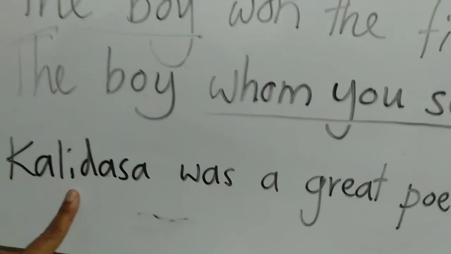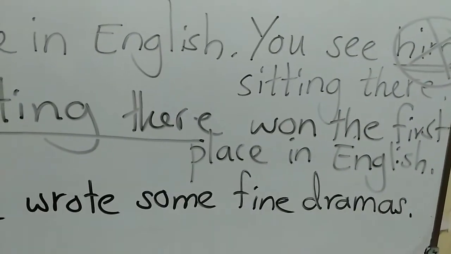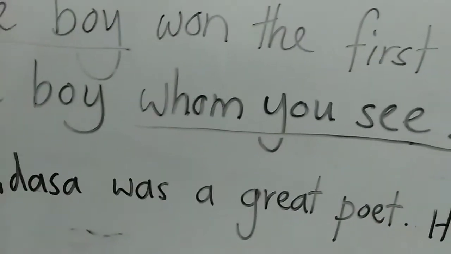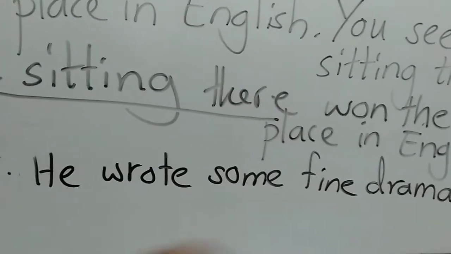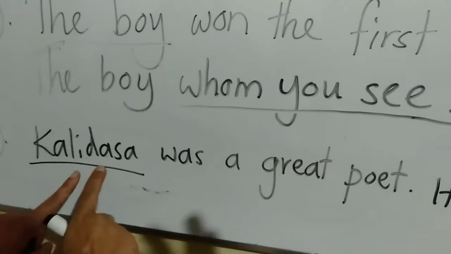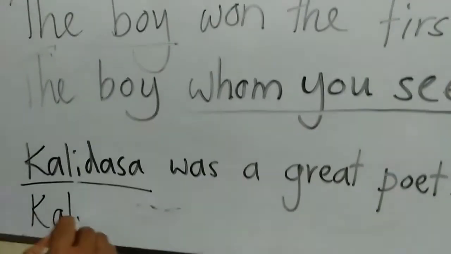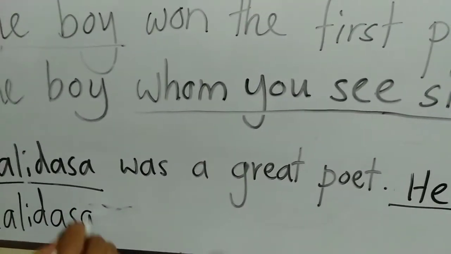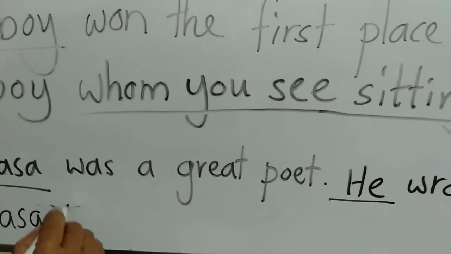Okay, let's see this. Kalidasa was a great poet. He wrote some fine dramas. Who wrote some fine dramas? Kalidasa. Then this noun is described with this subject pronoun. He is a person, then we put the suitable relative pronoun who immediately after this.